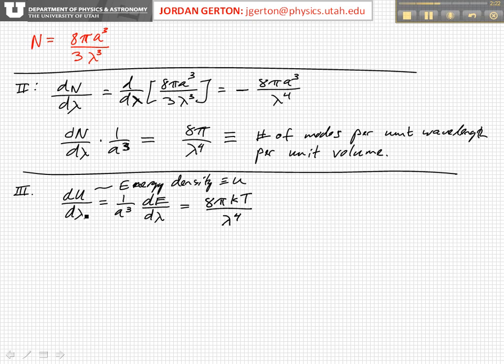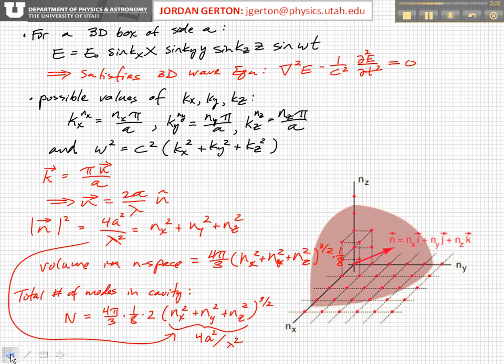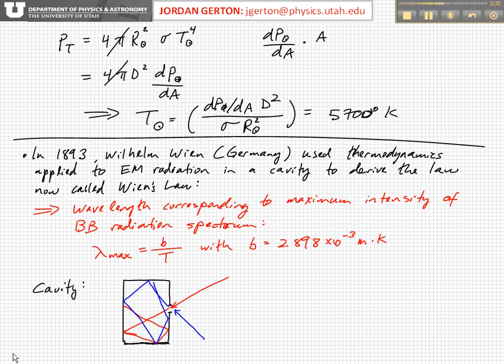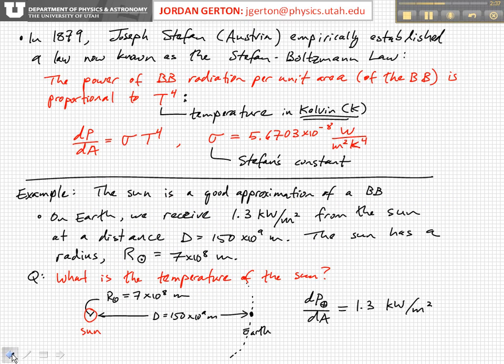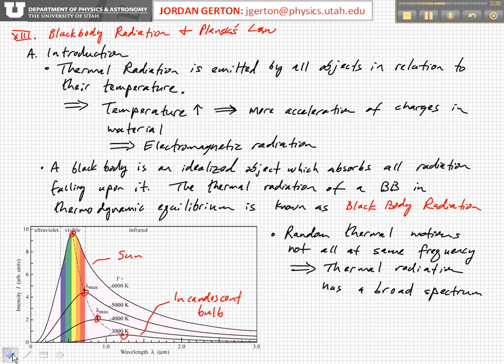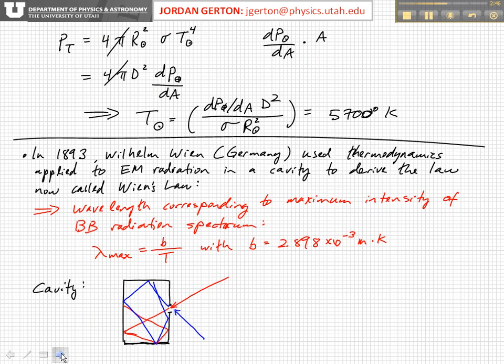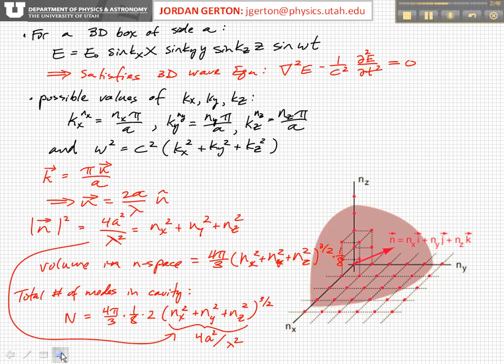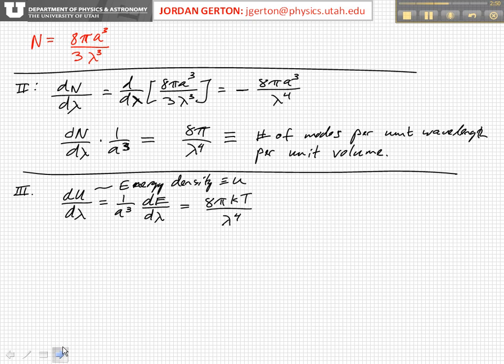This should somehow be related to the radiated power per unit wavelength, which is this curve that we've been talking about, the blackbody spectrum way back here. This curve is the radiated power per unit wavelength, and we now have the energy density in the cavity per unit wavelength.